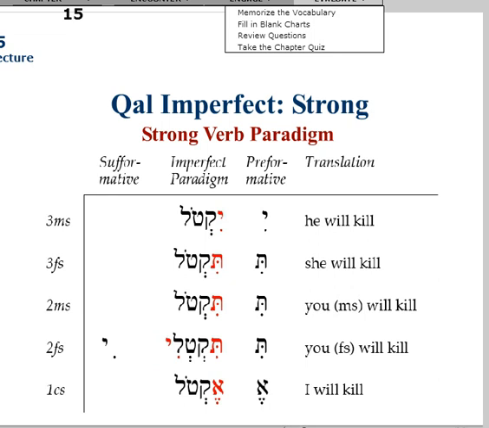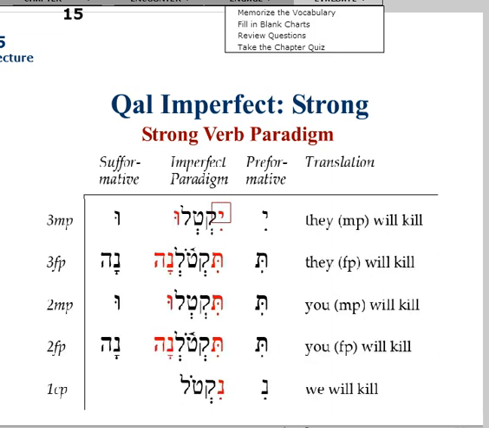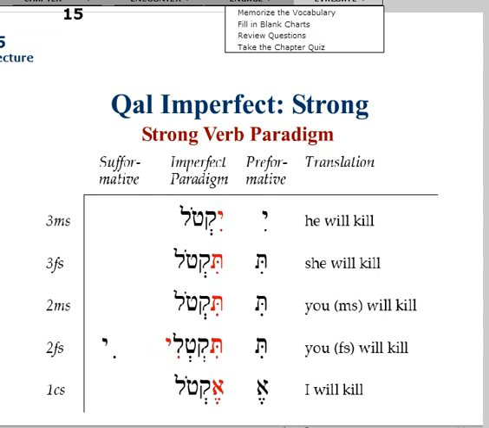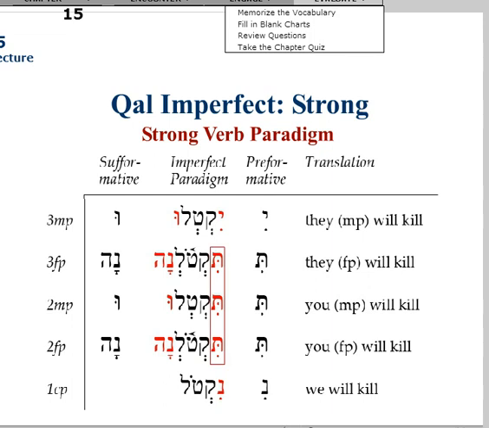Observation 4. Note what the performatives are. The consonant yod in third masculine singular and third masculine plural. The consonant tau in third feminine singular, second masculine singular, second feminine singular, and in third feminine plural, second masculine plural, and second feminine plural.